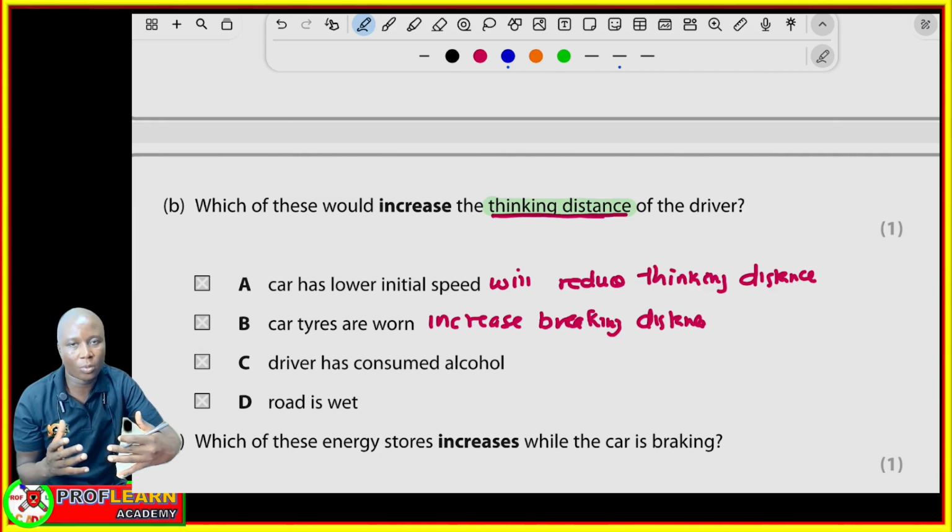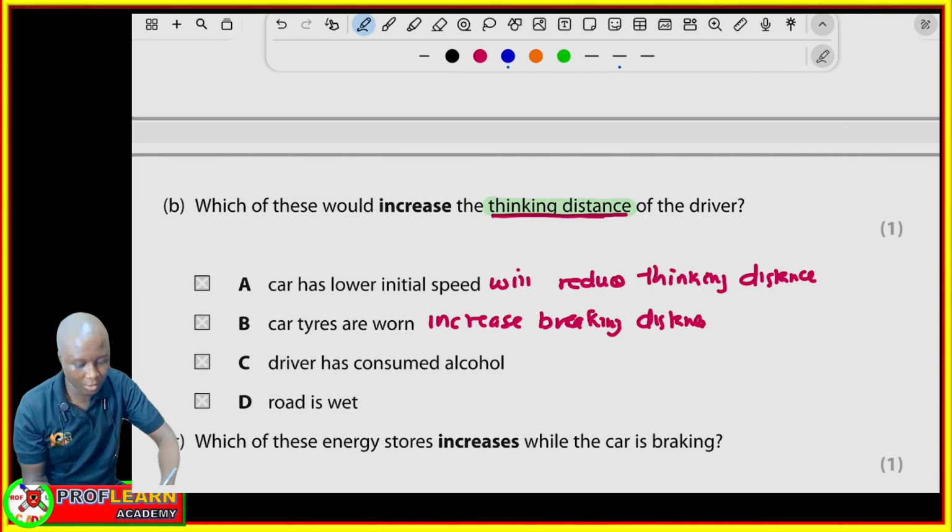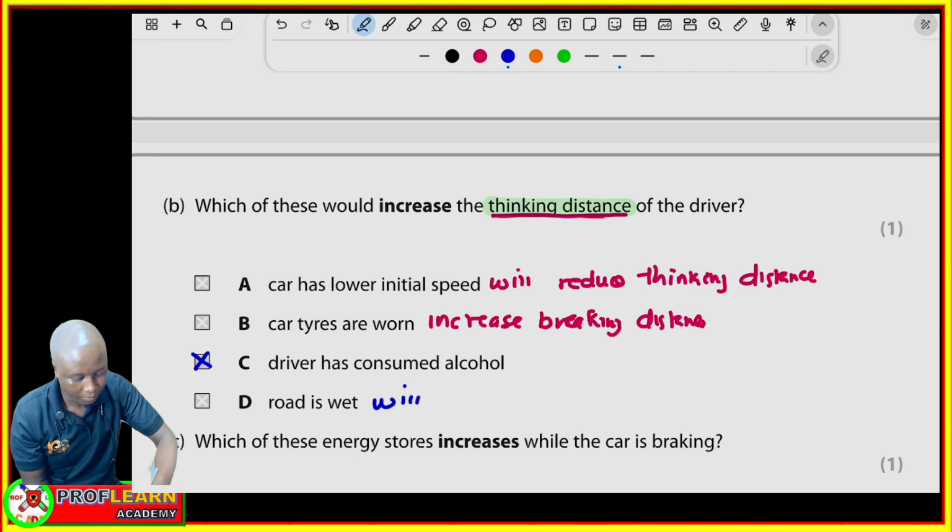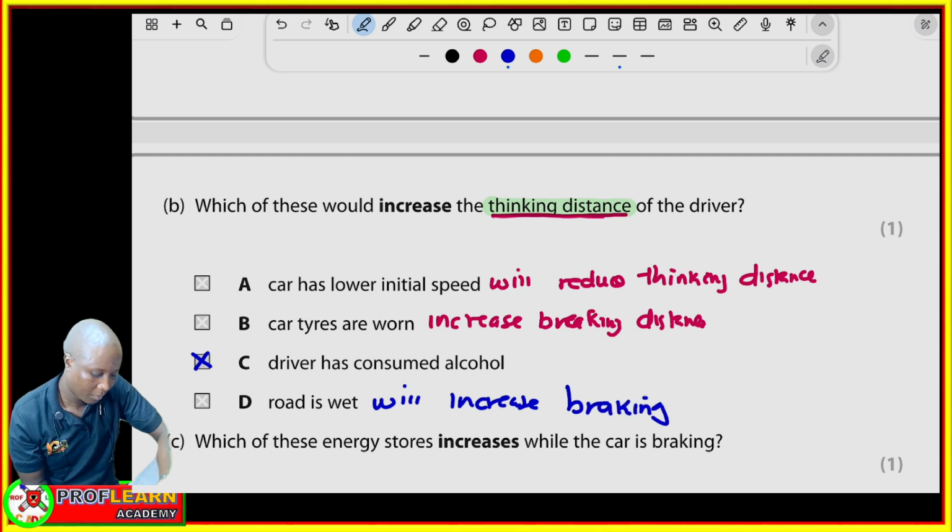The driver will take time to make a judgment, so this is the correct answer in this case. Road is wet will increase braking distance.